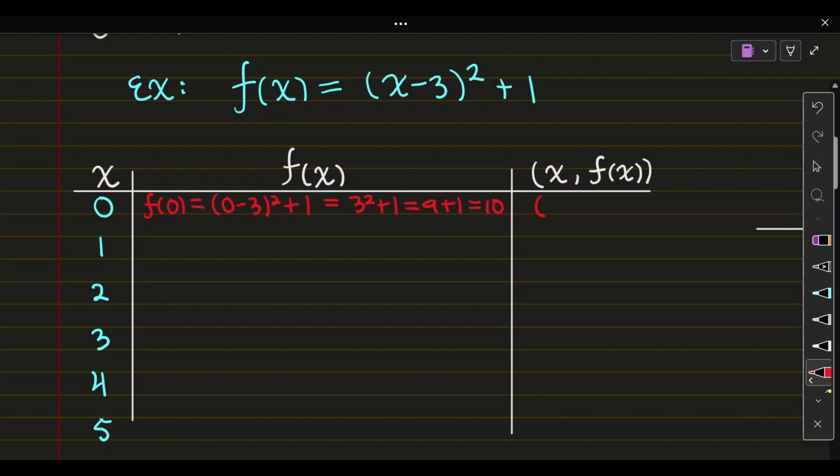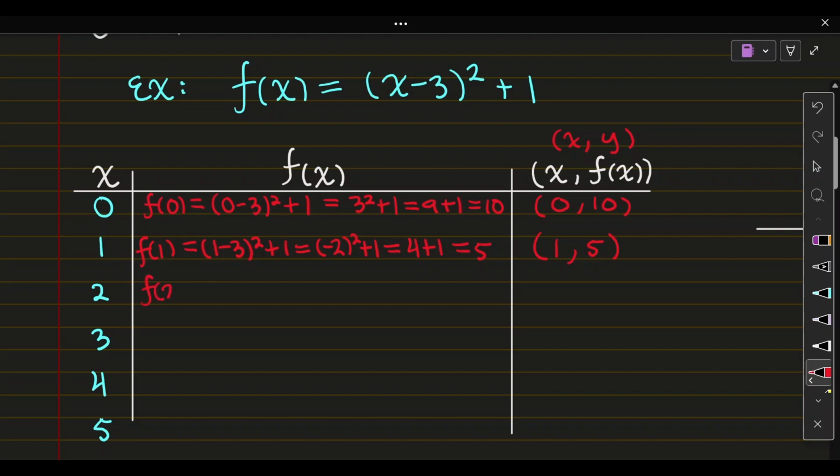So my point (x, f of x), remember that this is (x, y), because y is f of x, is going to be (0, 10). f of 1 is going to be (1 minus 3) squared plus 1. 1 minus 3 is negative 2, so it's going to be negative 2 squared, which is the same as 2 squared. So that's going to be 4 plus 1, which is 5. So this is (1, 5).